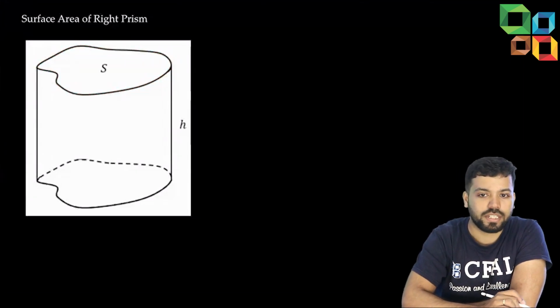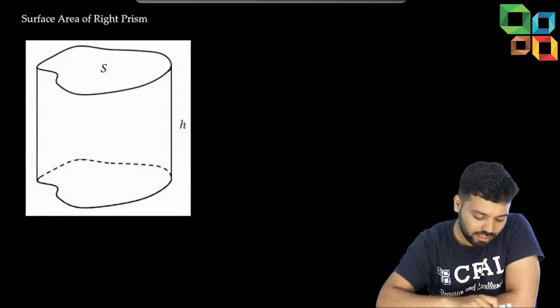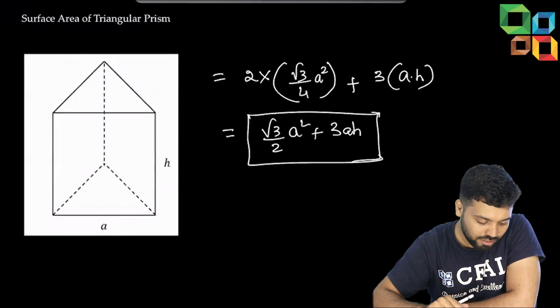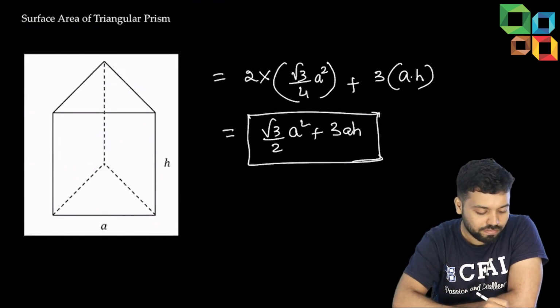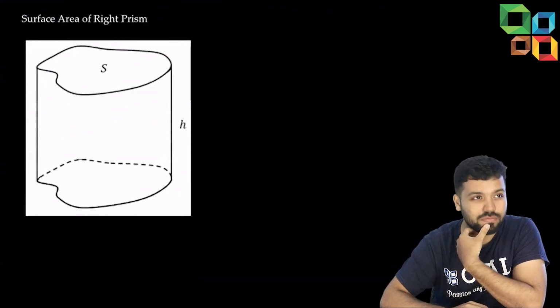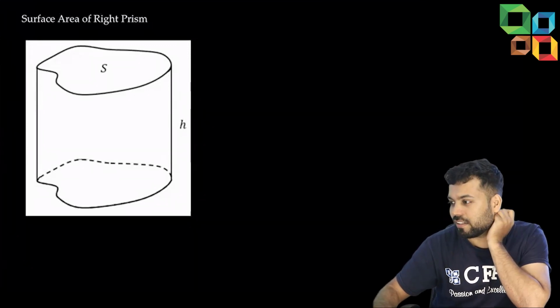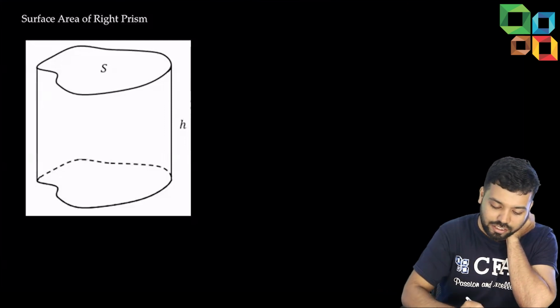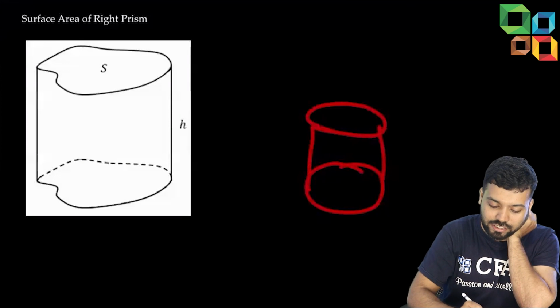So what is a right prism? See, the best example I can give you is a cylinder. Cylinder is a right prism with a circular base.